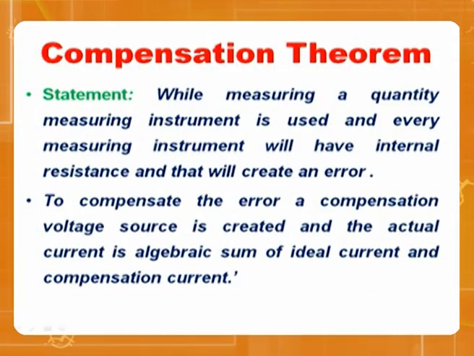So let me take you to the next theorem, called compensation theorem. This is also a very practical theorem. Let me read the statement for you. While measuring a quantity, a measuring instrument is used, and every measuring instrument will have internal resistance, and that will create an error. Very interesting.